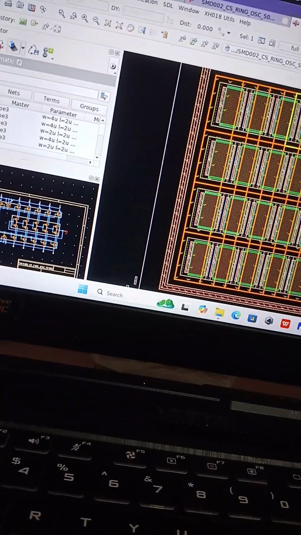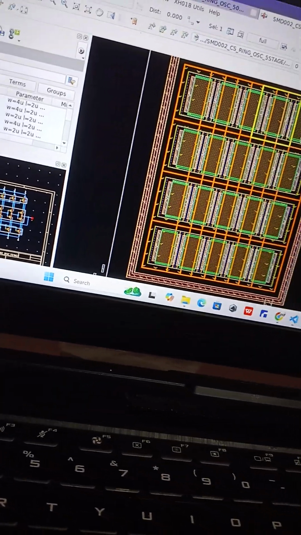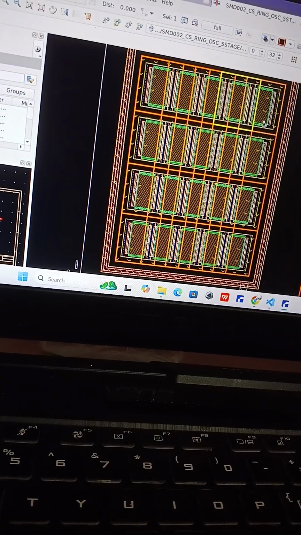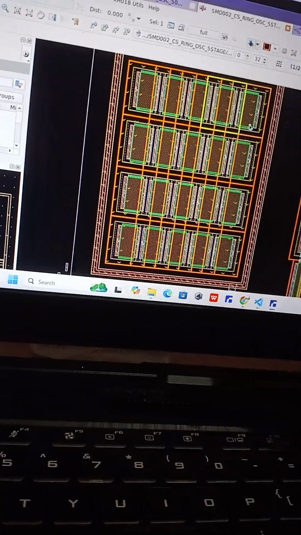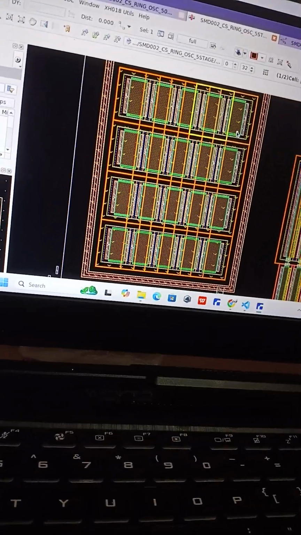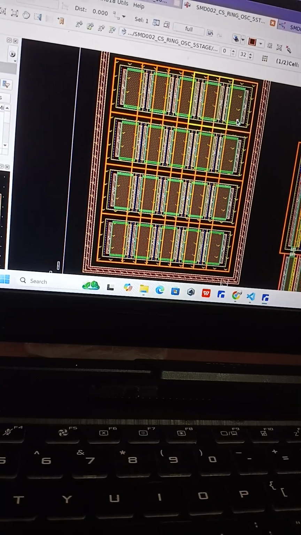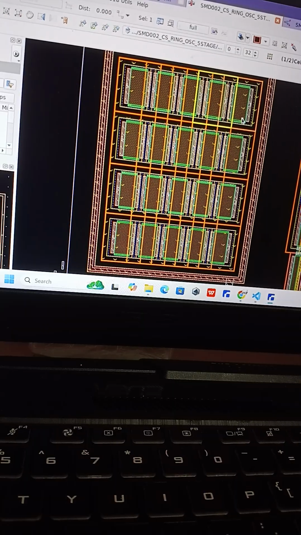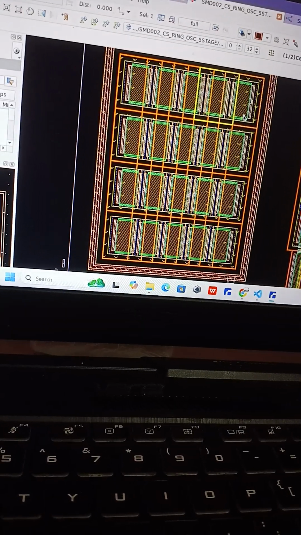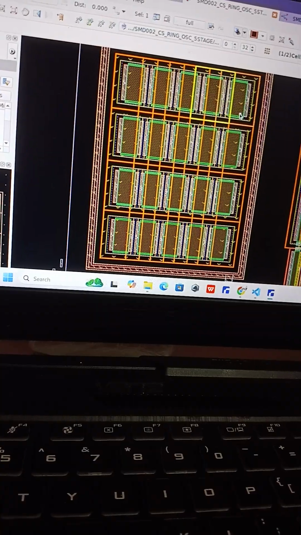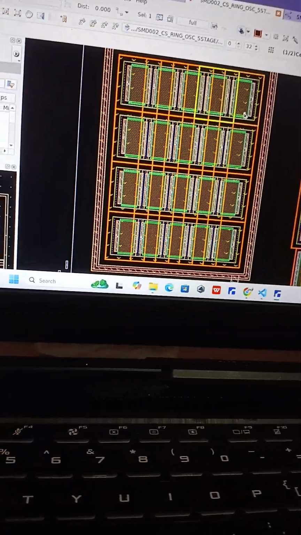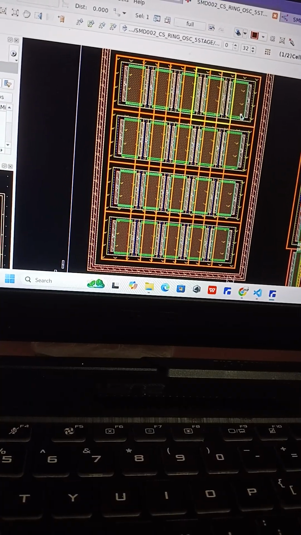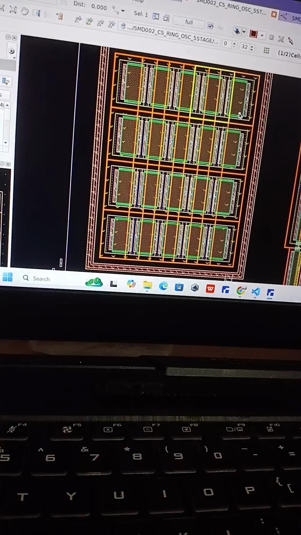So that's our intention. Matching is very important because, as we know, at the manufacturing level, when the foundry manufactures a chip or IC device, there will be a random process where there will be a slight change in the oxide concentrations, or maybe slight change in the process manufacturing, like the photolithography, etching, and so on and so forth.